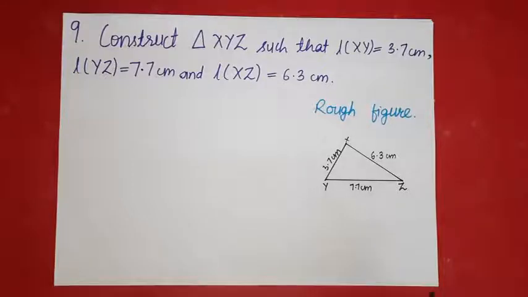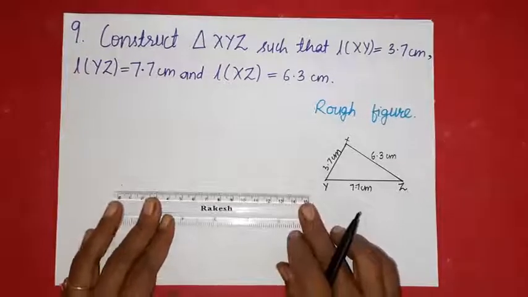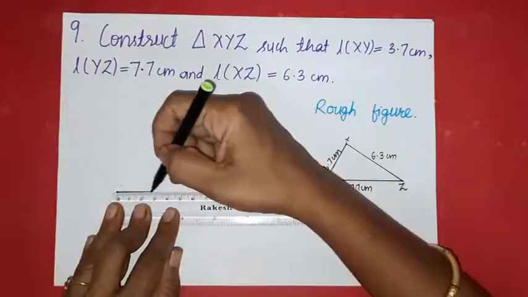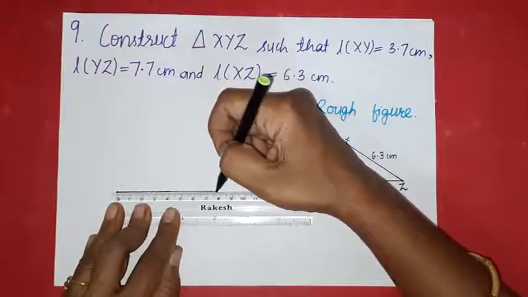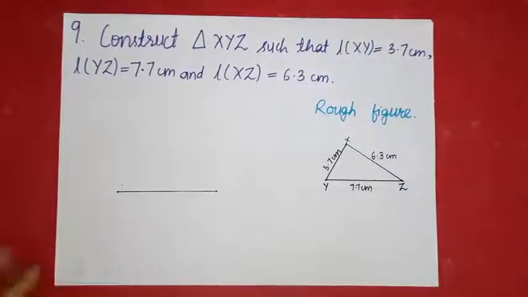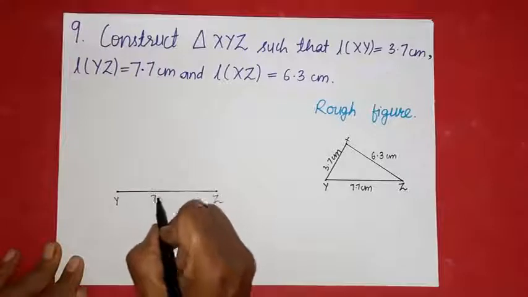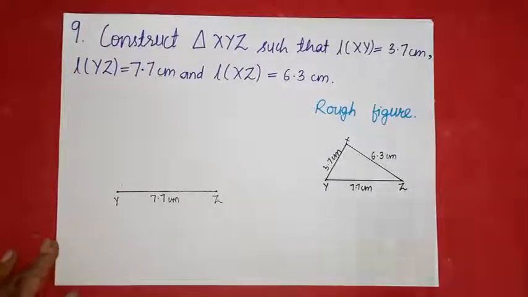First we will draw segment YZ of 7.7 centimeter. So take a ruler. 7.7 centimeter is 7 centimeter and 7 millimeter. So first draw the segment YZ of 7.7 centimeter.